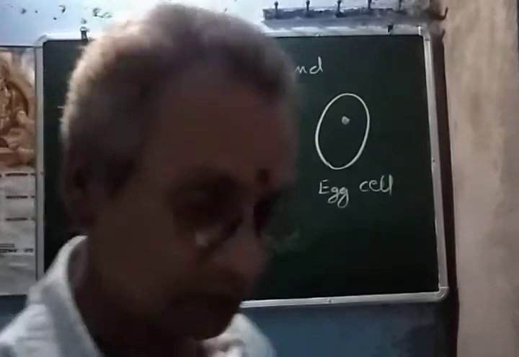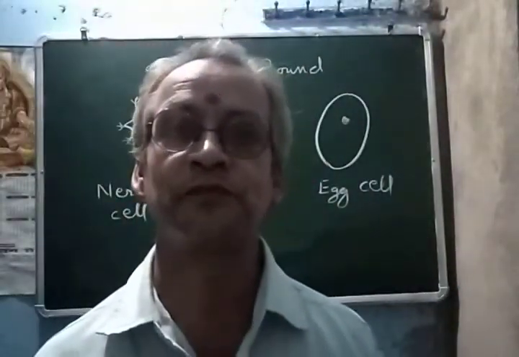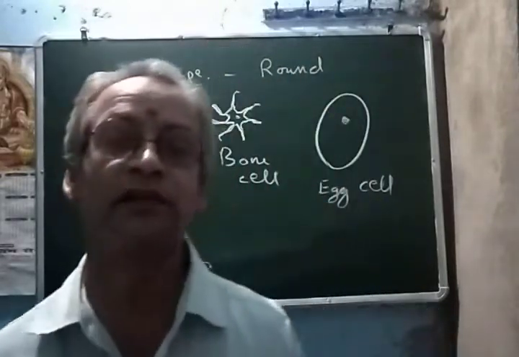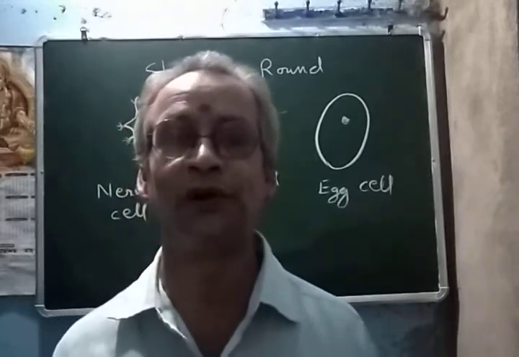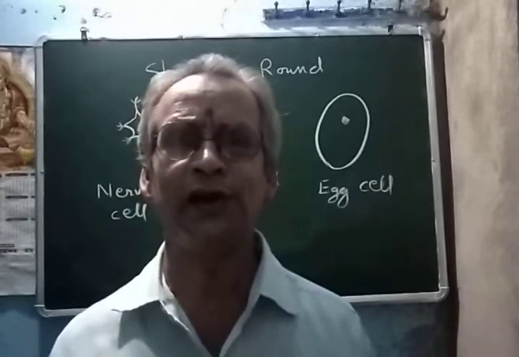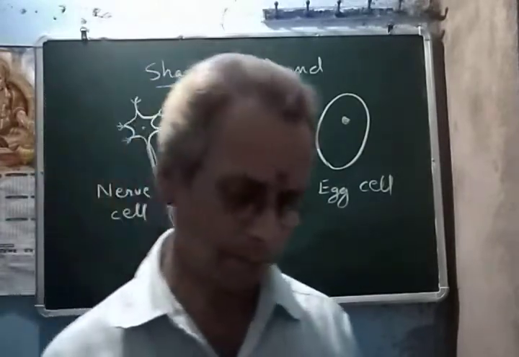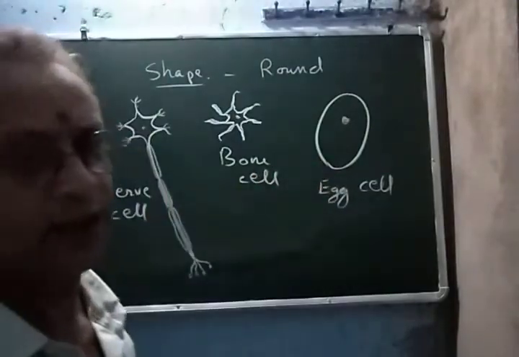Therefore, the shape of cells may differ in different organisms or different tissues or parts of an organism. These may be of different types.